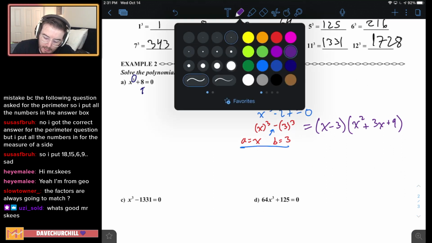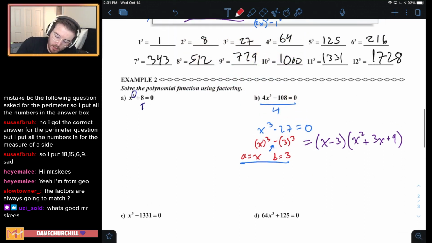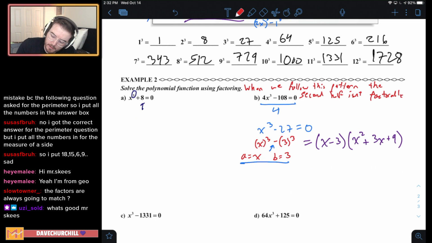So, let me tell you something here. When we follow this pattern, the second half isn't factorable. Okay? What am I getting at?